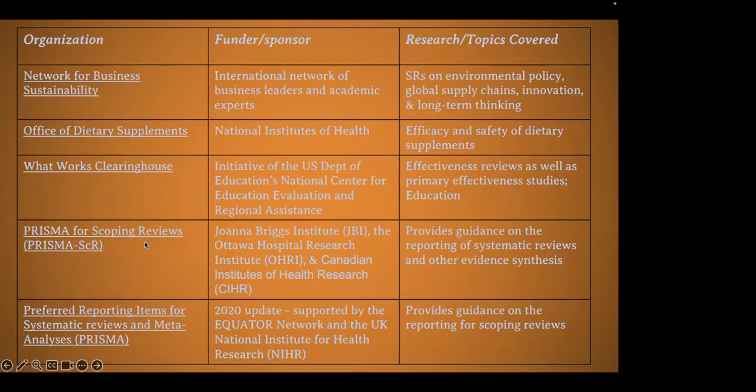But if there's not one available, PRISMA for scoping reviews and PRISMA for systematic reviews and meta-analyses are really good reporting guidelines, or, well, are they standards? They give guidance on what to report, to be as transparent as possible. Do you have questions about any of that?